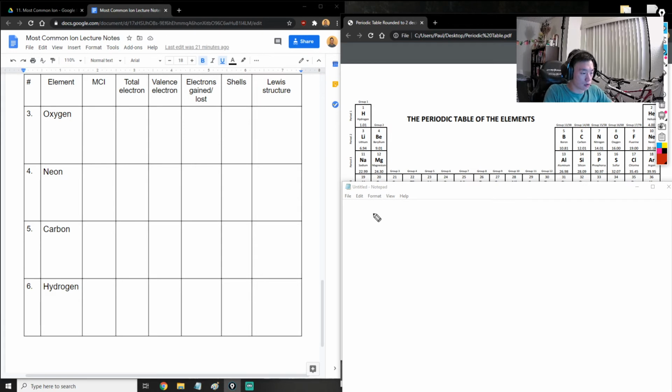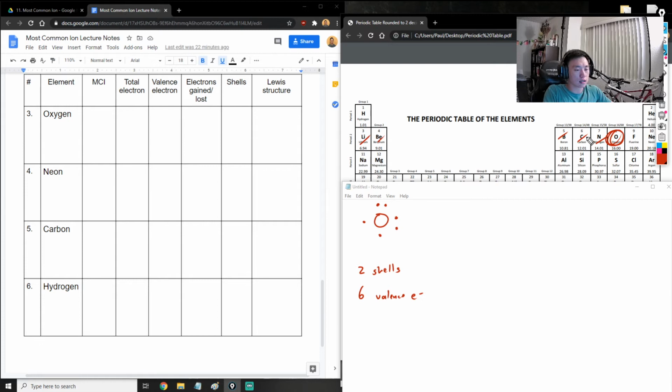Let's start by drawing the Lewis structure. Regular oxygen is in box number 6, so it's going to have 1, 2, 3, 4, 5, 6 valence electrons. Oxygen is in the second row, so that means it has 2 shells and 6 valence electrons.